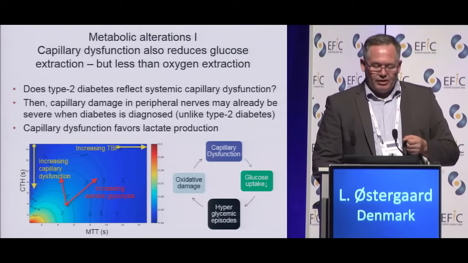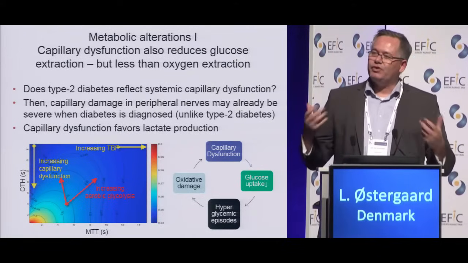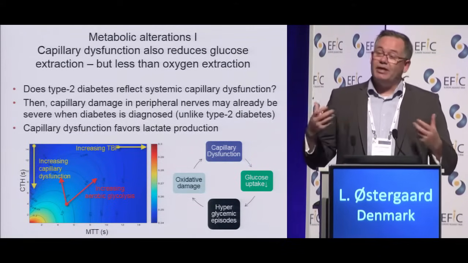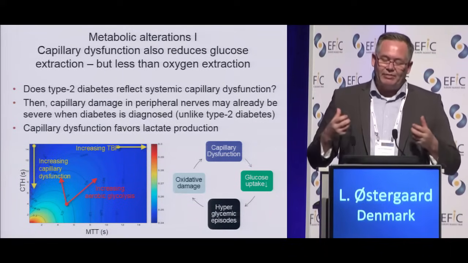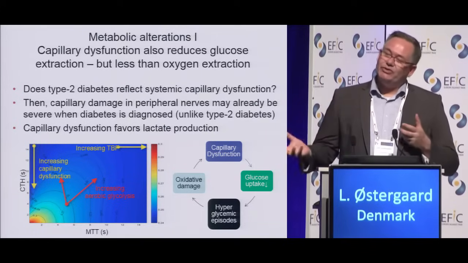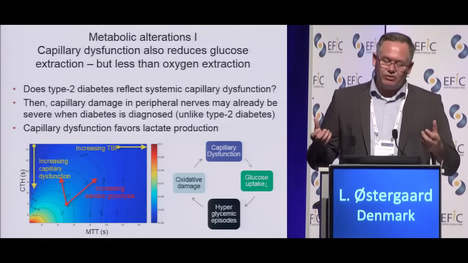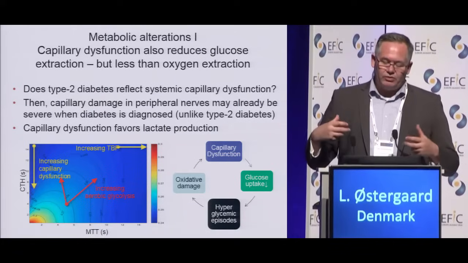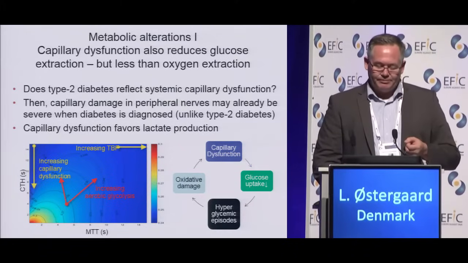The other important thing to remember is that if this is the case, then the capillaries of your peripheral nerves may already be damaged by the time you develop symptoms of diabetes. And that's actually seen in animal models, that you have signs of diabetic neuropathy before you develop overt diabetes.